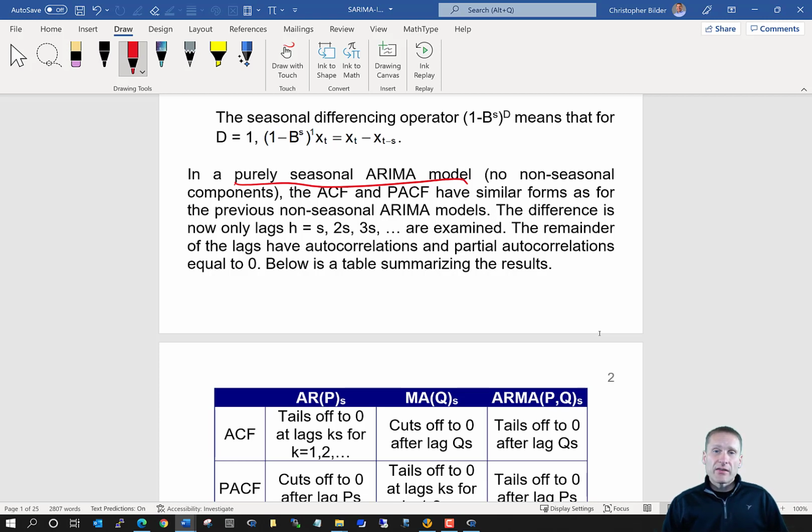The difference is that the spikes in the ACF or PACF, meaning when we have non-zero values, occur over lags h equal S, 2 times S, 3 times S, so as a multiple of S, your season, where the remainder of the lags tend to have autocorrelations and partial autocorrelations equal to 0 in between. There are exceptions that I'll talk about shortly.